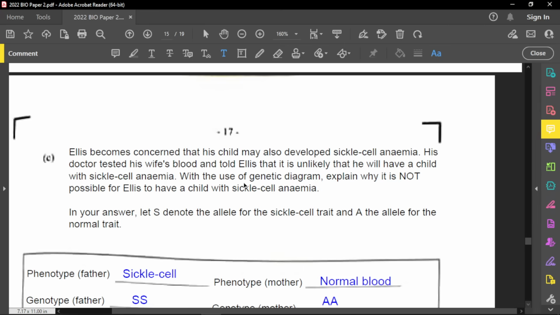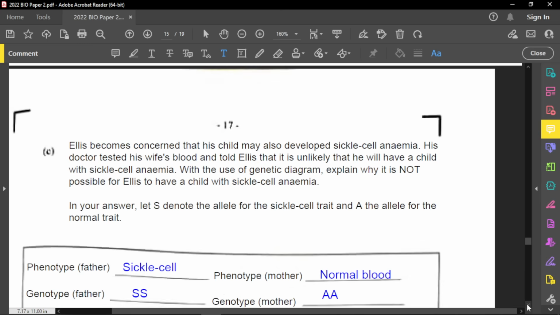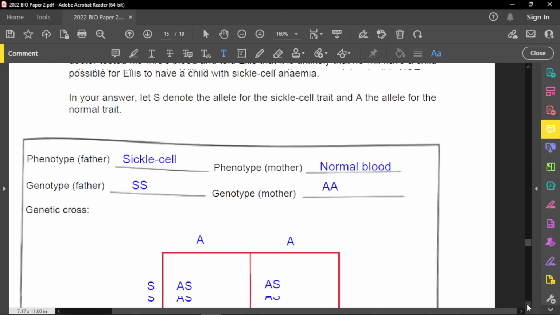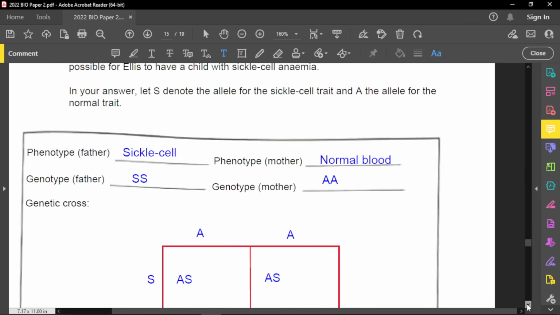It says, with the use of a genetic diagram, explain why it is not possible for Ellis to have a child with sickle cell anemia. In your answer, let S denote the allele for sickle cell trait and A the allele for a normal trait. All right, so they give you two different letters here: S for sickle cell and A for normal allele.